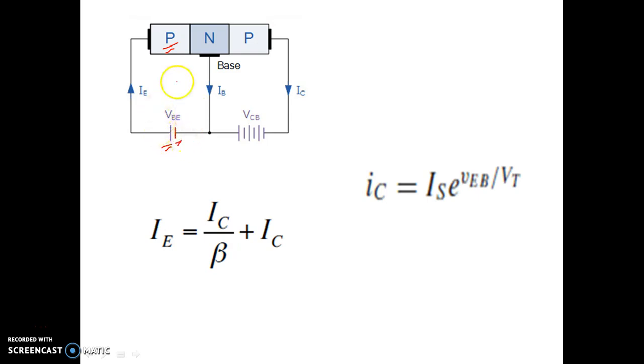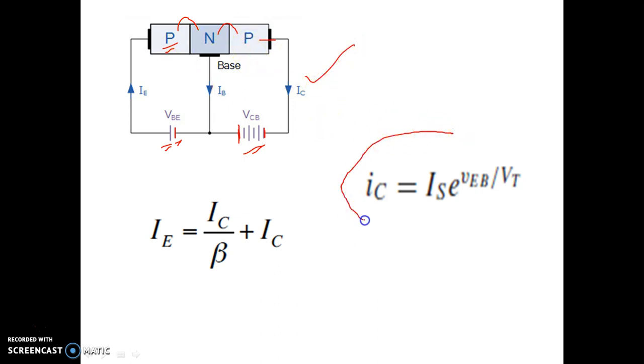So this emitter base junction is in forward bias. And the N-type base is connected with the positive terminal of the battery, and the P-type collector is connected with the negative terminal of the battery. So this base collector junction is in reverse bias. As the emitter base junction is in forward bias and the base collector junction is in reverse bias, this PNP transistor is in forward active mode of operation.